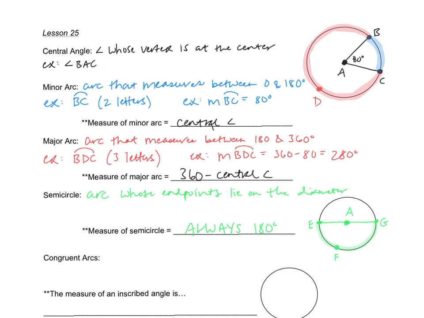Always, always, always. Looking at the example here, we could list this as EFG and put the arc symbol over it. Keep in mind that the measure of arc EFG will always be 180 degrees, and we like to use 3 letters as well. That's why I added that extra point in there.